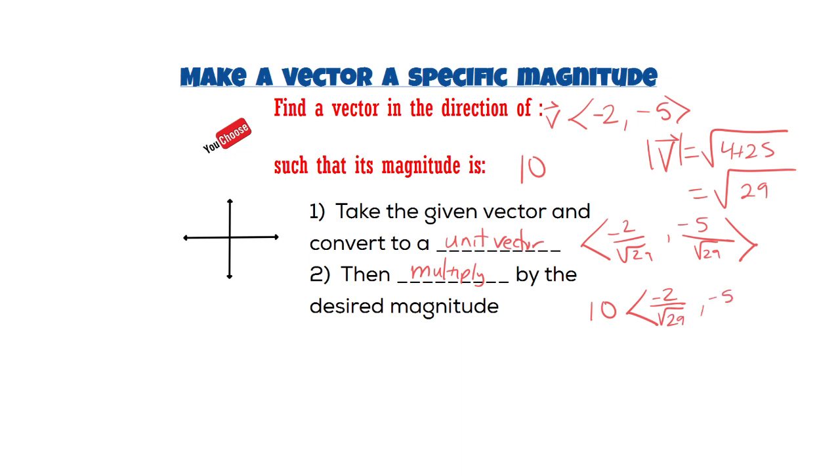So right now I'm just going to write it so that I have it written in my notes. But think of this as a 10 over 1 when you multiply it. And it's going to be -20 over root 29 and -50 over root 29. Now, I'm not going to do it, but ideally, if I were to run this through the magnitude formula, it should end up equaling 10, because that's the magnitude we wanted it to be.